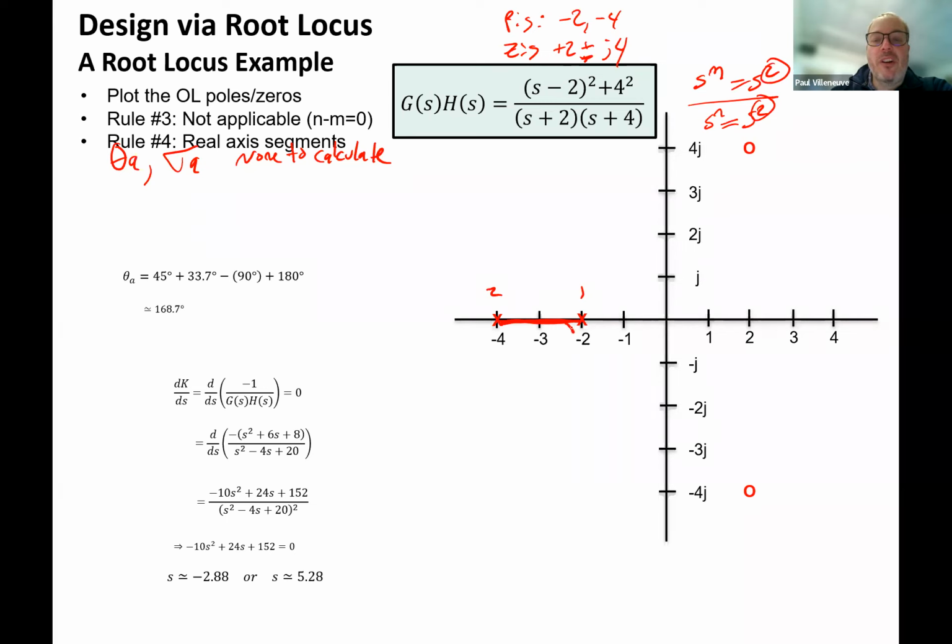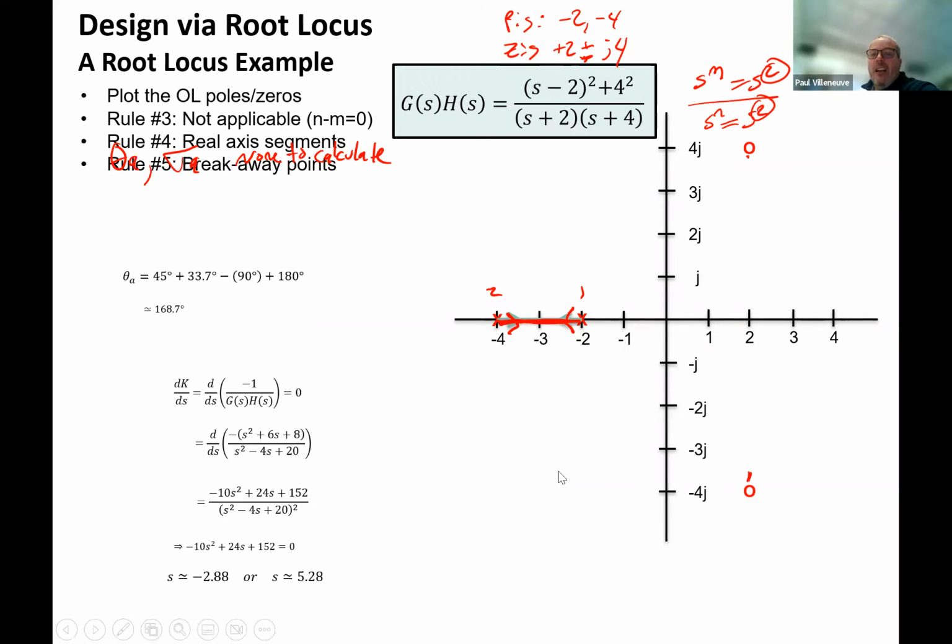We know we start at a pole and end at a zero, which means we have to leave the real axis because we haven't terminated the root loci. As a matter of fact, we're going to have to end up someplace over here. So we have our directions there.